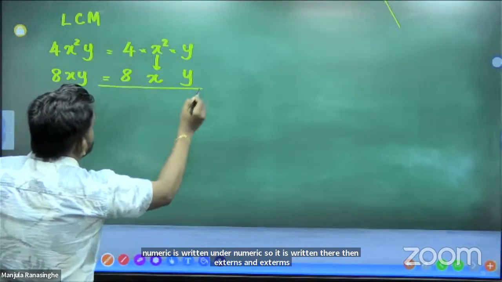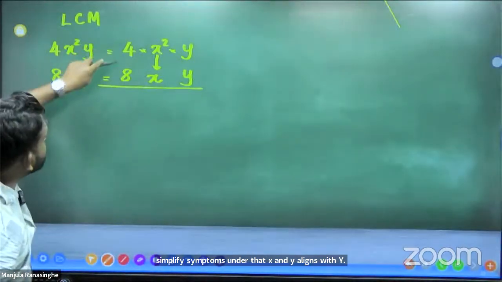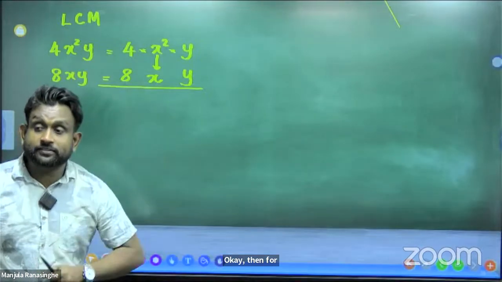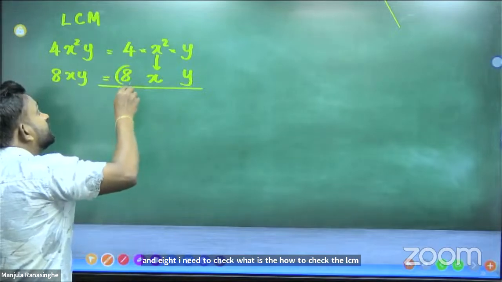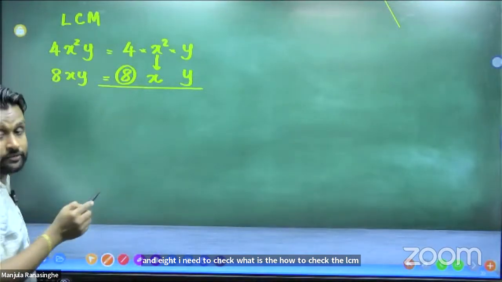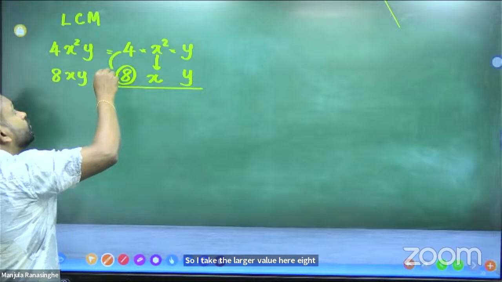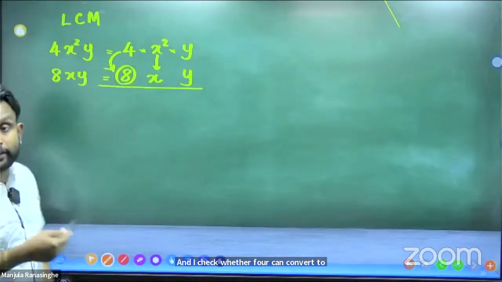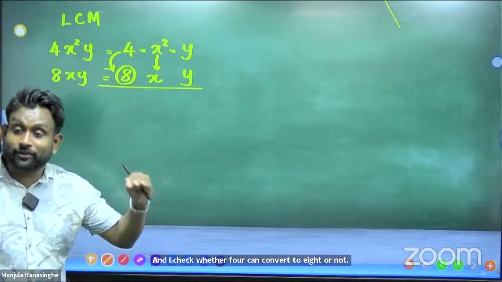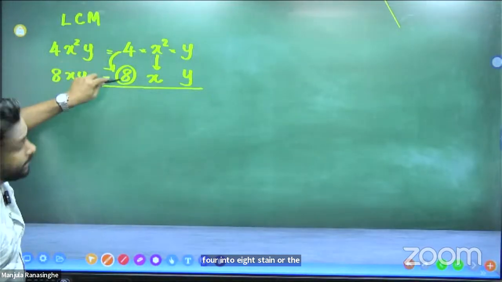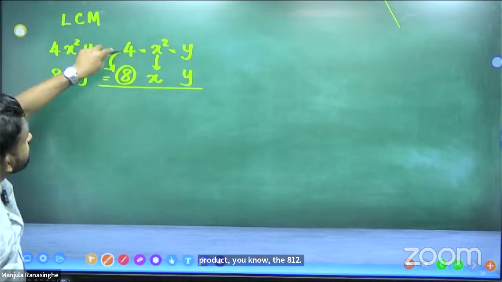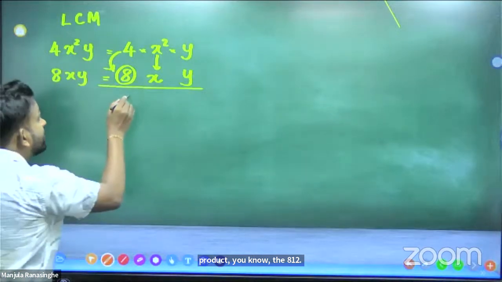Then for 4 and 8, I need to check what the LCM is. How to check the LCM? I take the larger value here, 8, and I check whether 4 can convert to 8 or not. I check whether 4 goes into 8 a whole number of times. Yes, 4 times 2 is 8. Then the LCM of 4 and 8 is 8. 4 can convert to 8.